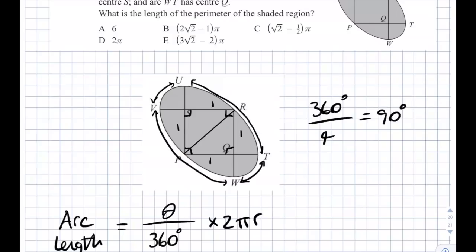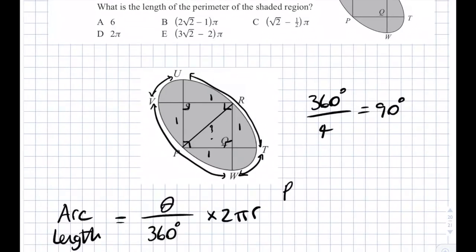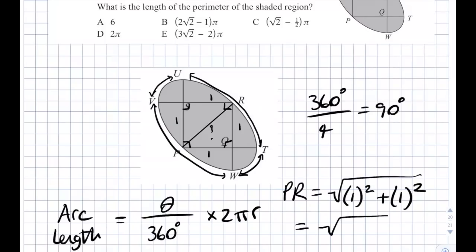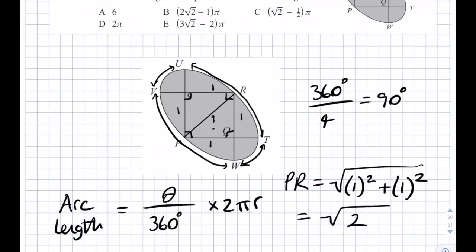We know the lengths of each side are both 1, so we can use Pythagoras' theorem: PR is equal to the square root of 1 squared plus 1 squared, which is root 2.